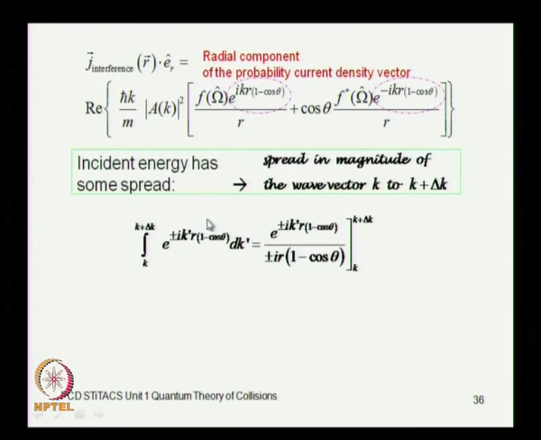This is a very simple integral, it is an integral of an exponential function. So, it is an exponential function divided by the rest of the terms. So, it is i r (1 minus cos theta) plus or minus, right, and you have to take the difference of this expression, you have to subtract the value at the lower limit from the value at the upper limit.